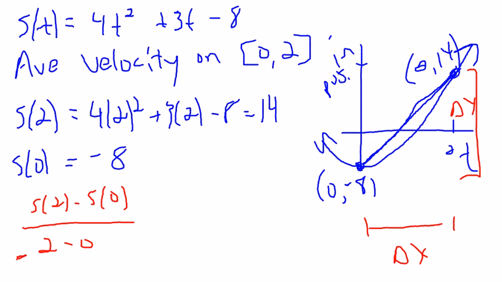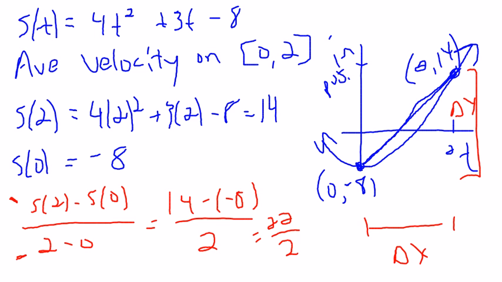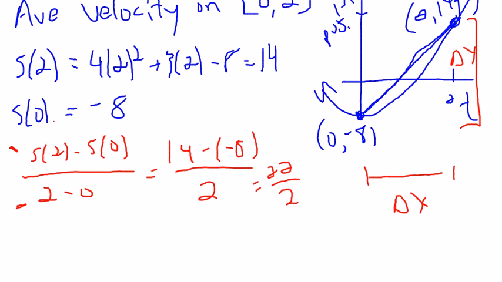So that is 14 minus a -8 over 2, which is 22 over 2, which gives me 11. And I should include units for this even though it doesn't ask me, because you want to get in the habit of doing that. So we're talking about velocity, right? So it's inches per second.